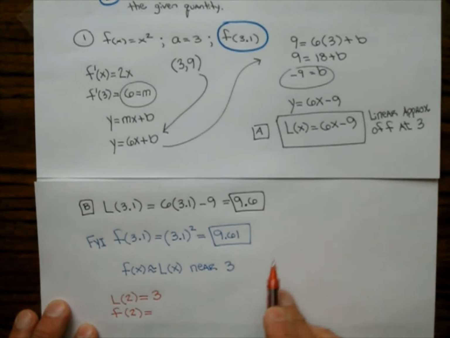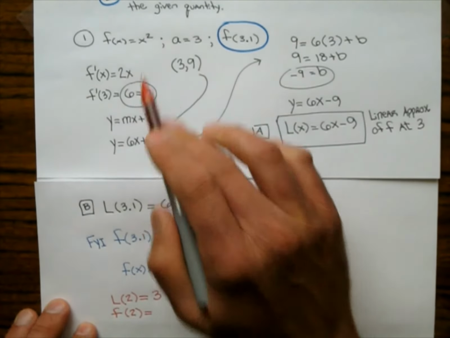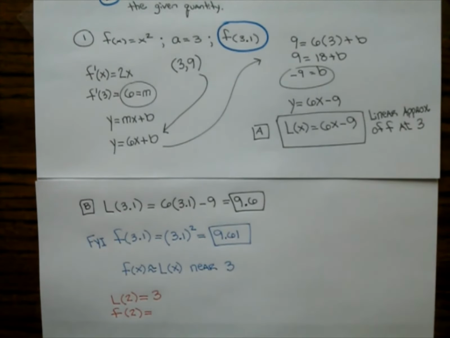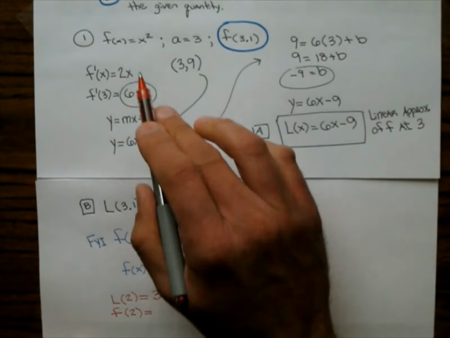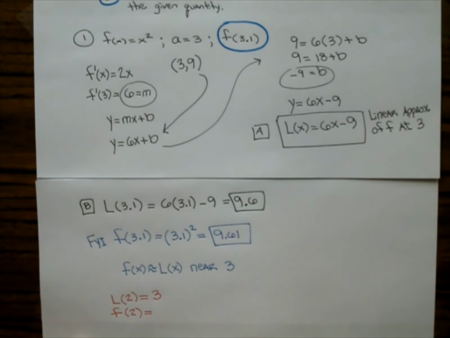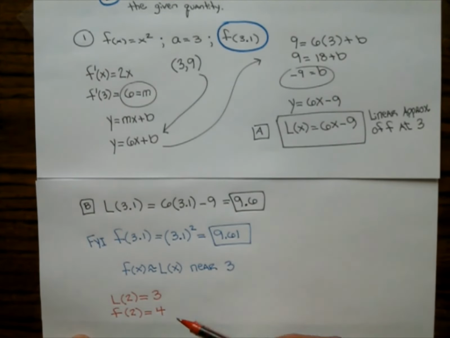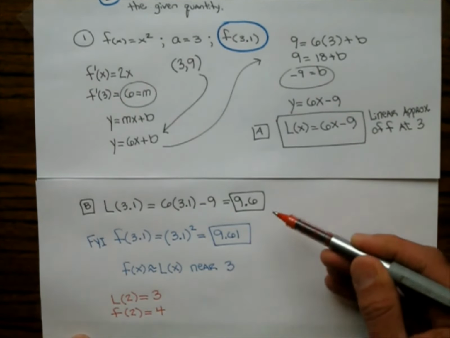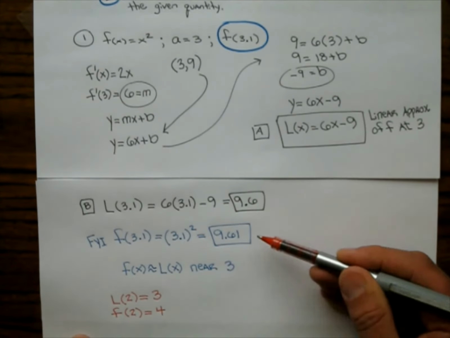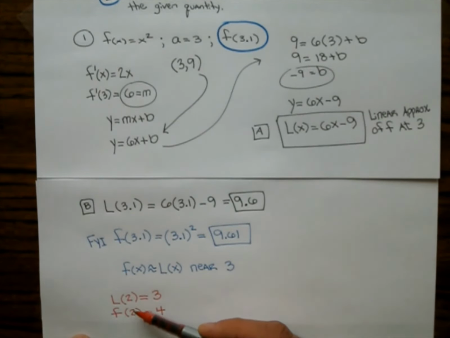You put 2 into f, which is x squared. I want to see if we're still capturing that. Yeah, we are. You'll get 2 squared, which is 4. Now, would you say that 3 and 4 are close? No, they're not. They are kind of close, but they're not as close as these values here. And it was because we picked 2.